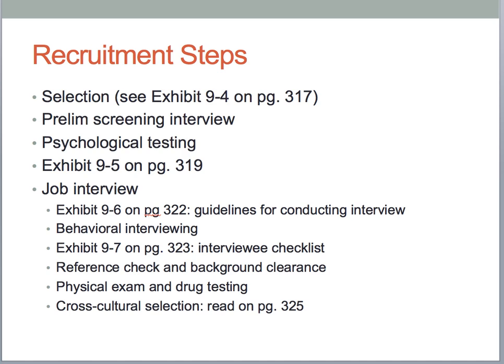Then there's the reference check and the background clearance. It's so amazing to me how many companies don't actually check references and don't do background checks. They say they do, but they don't. And then you wonder why, when something crazy happens, you have a fatal attraction situation or someone goes ballistic and comes in with weapons and attacks people.